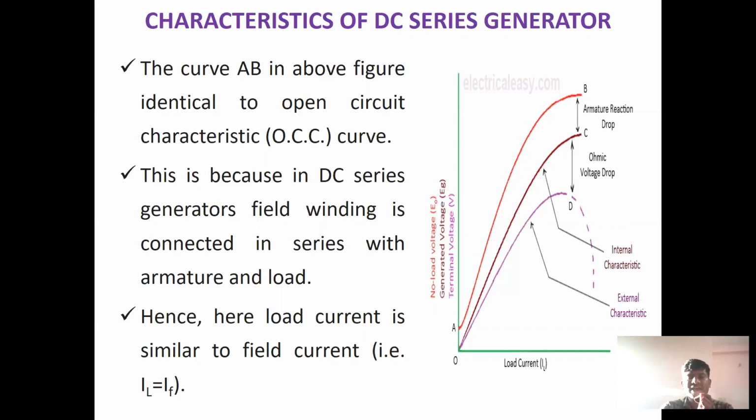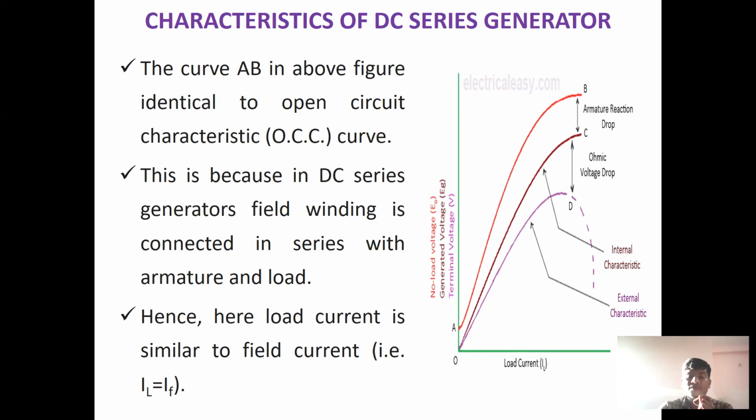Okay, that is the open circuit characteristics. Now, if we plot the internal characteristics, it is induced EMF versus load current, or induced EMF versus armature current. In this series generator, armature current is nothing but load current. That's why the induced EMF goes from 0 to the saturation point.